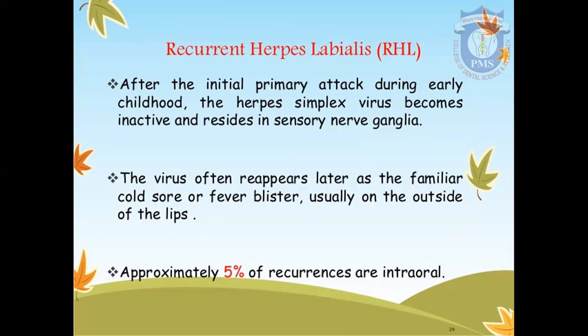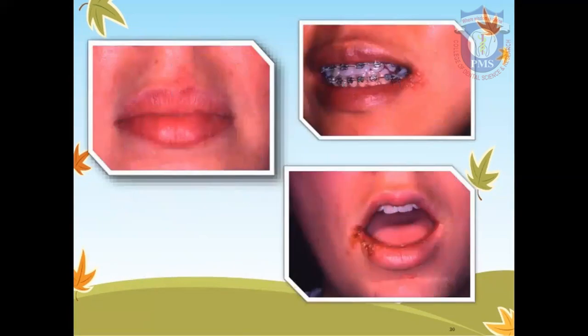However, when symptoms do occur, young children often present with herpetic stomatitis characterized by fever and the formation of small blisters and ulcers of around 2 to 10 millimeters in diameter in front and around the mouth, on the tongue, and on the lips. This is a clinical appearance of recurrent herpes labialis.